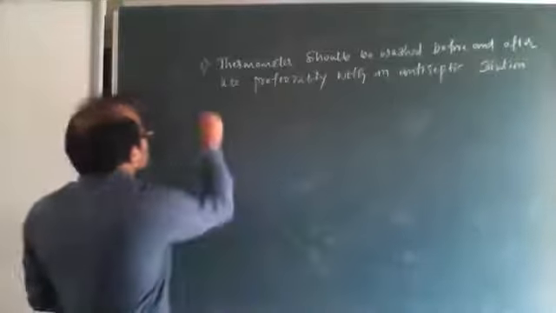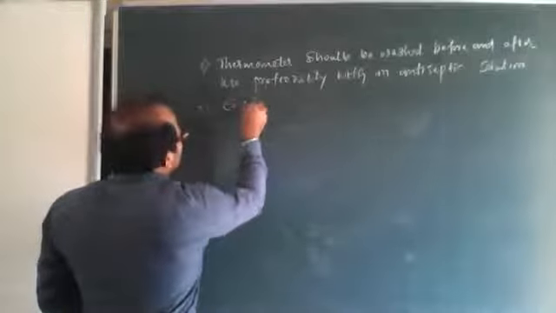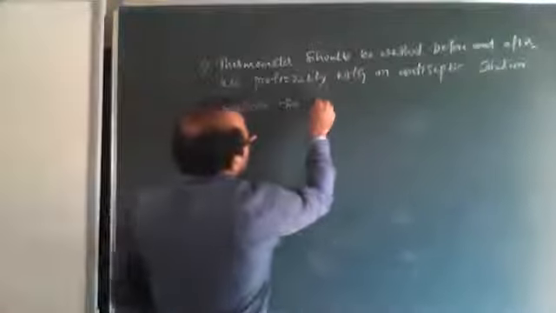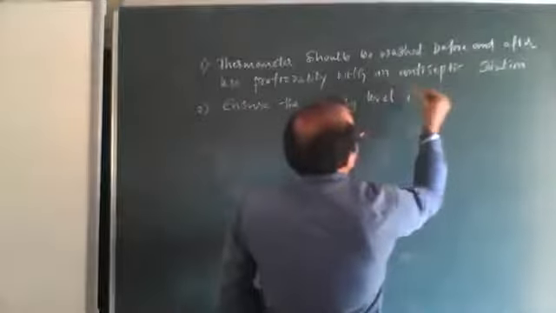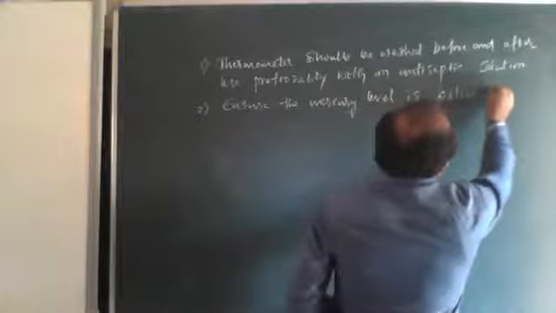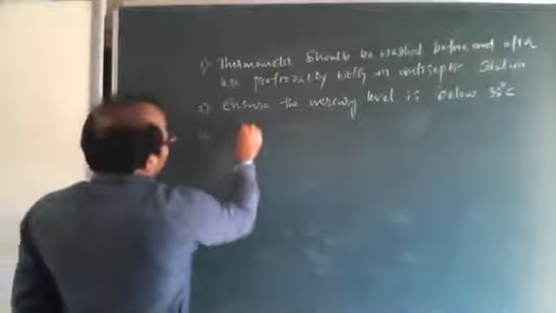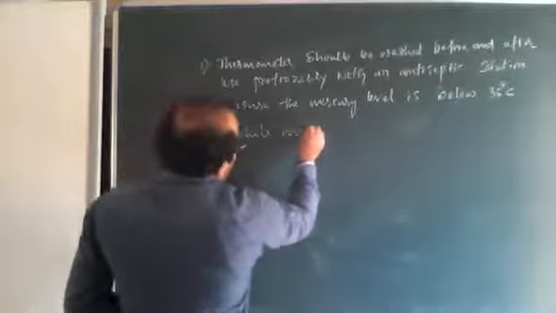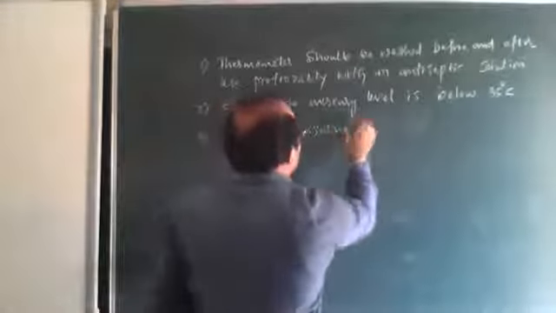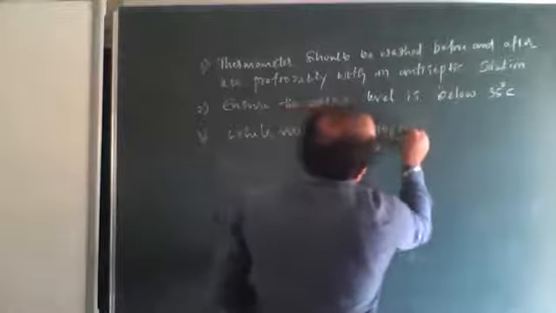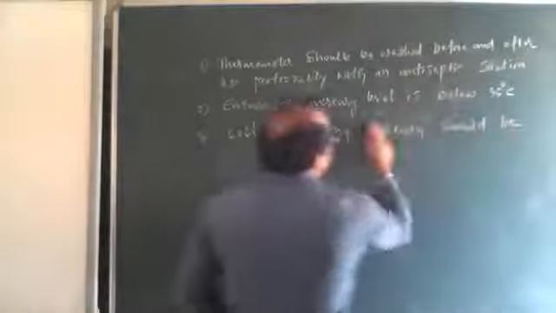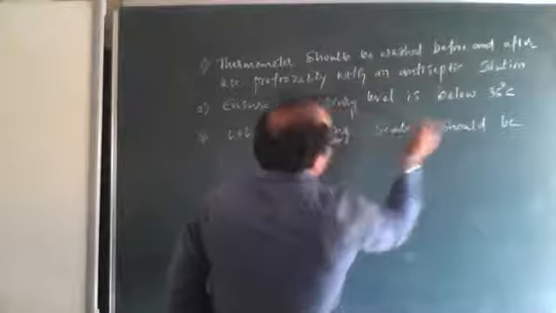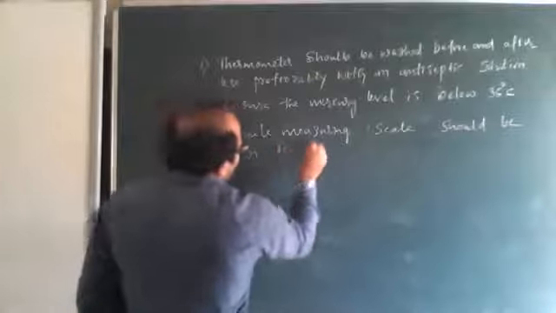While measuring, the mercury, or the scale, should be on the line of sight.